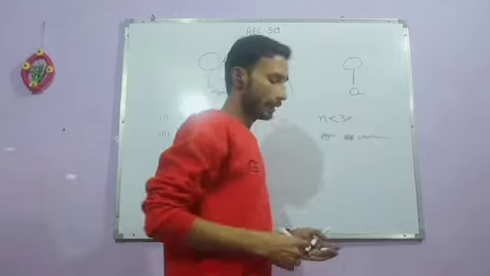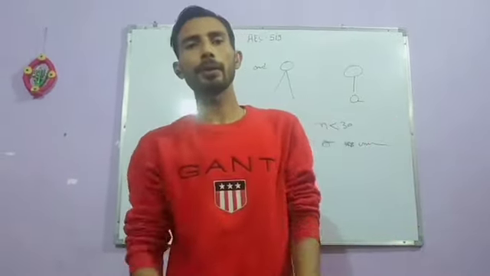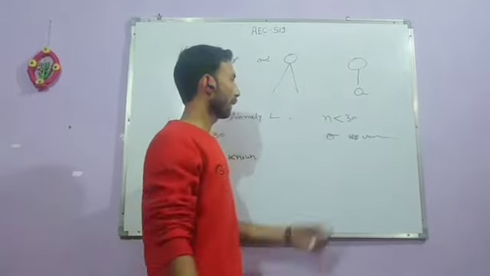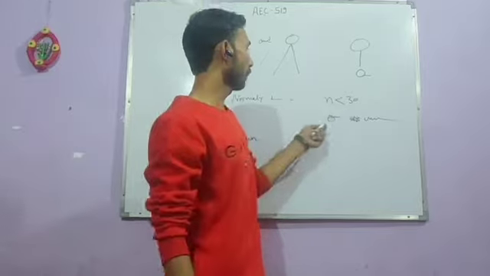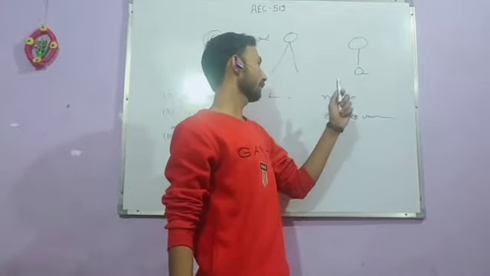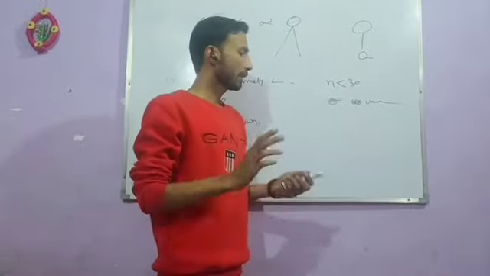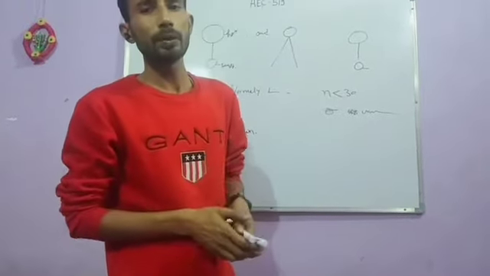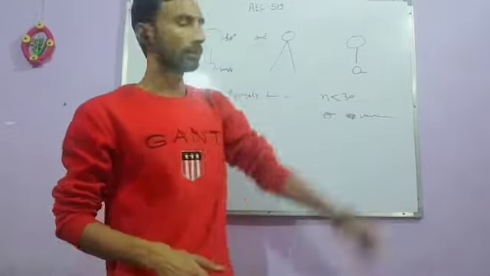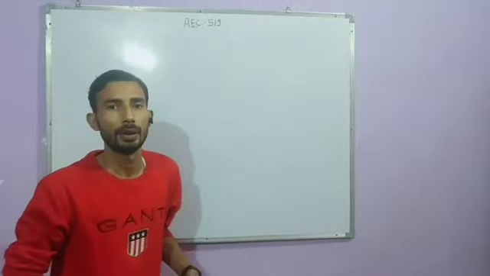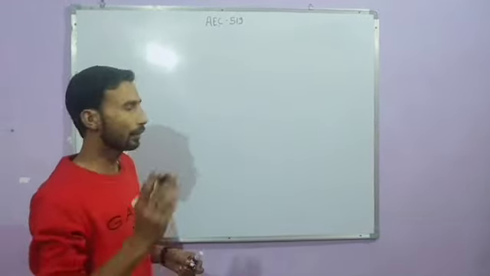In this t-test, we discussed how to solve problems where the sample size n is less than 30 and the population standard deviation is unknown. Now we discuss the test of significance based on the t-test.